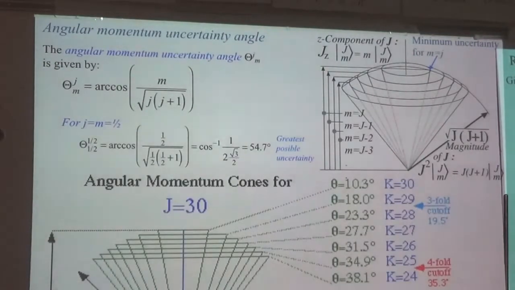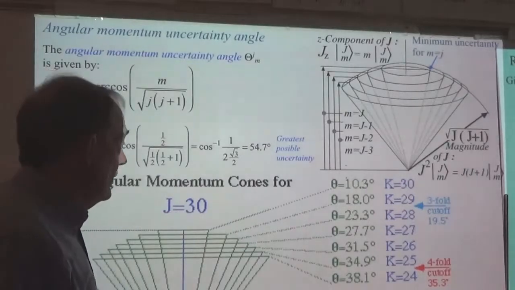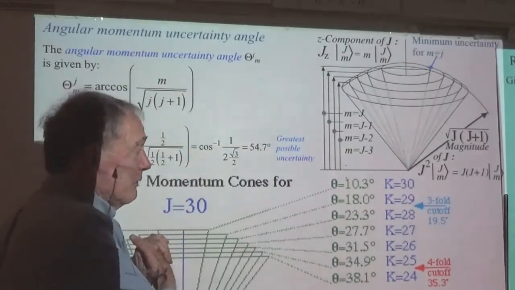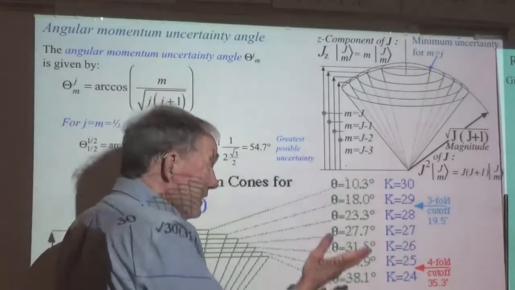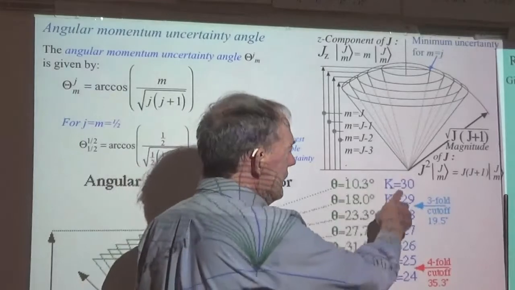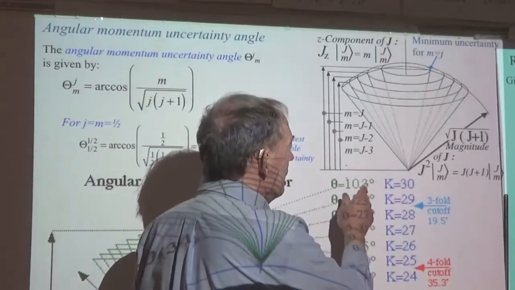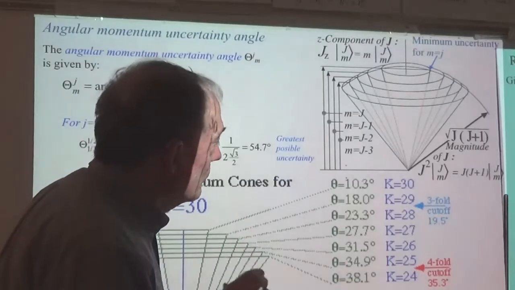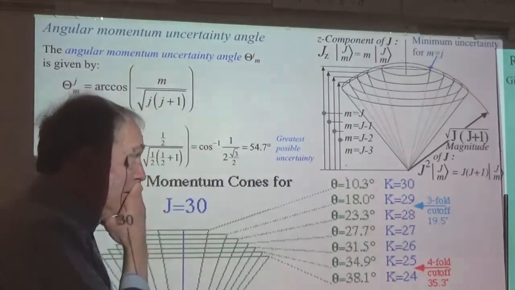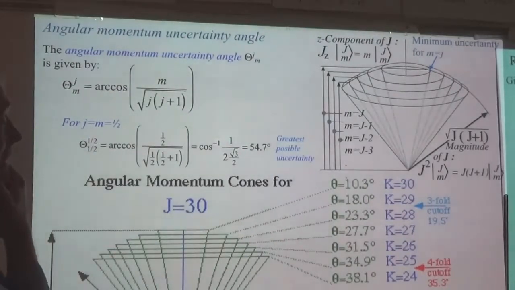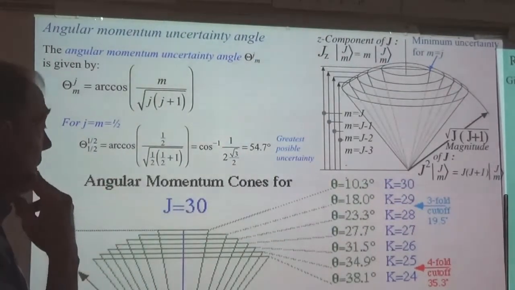And here's an example for j equal 30. For j equal 30, we'll show some spectra pretty soon again of an SF6 molecule that's at j equal 30. And the 10.3 degrees, we need that. We get a precision of about 3 figures out of just playing with this particular little cone formula here.